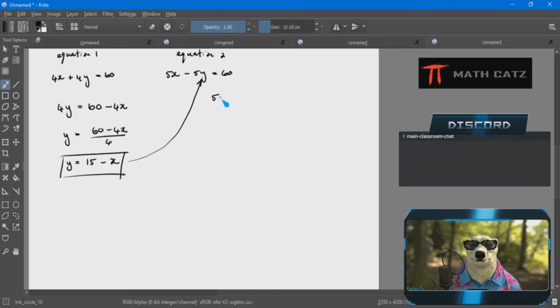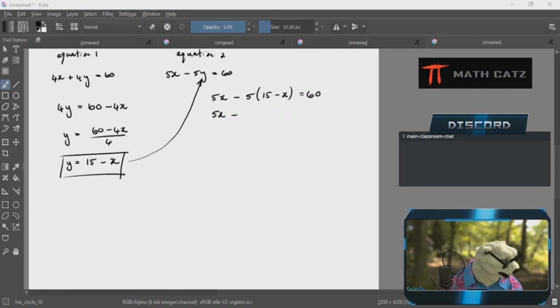So I'm going to replace the y in the second equation with its x equivalent version. Then equation 2 becomes 5x minus 5 times (15 minus x) equals 60. But now I have the convenience of having just one variable in this equation. Now let's simplify this a little bit. 5 times 15, maybe MathBot needs some attention. Why not? 5 times 15.